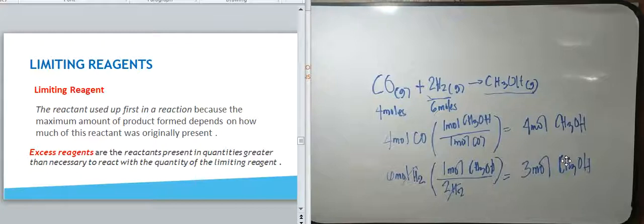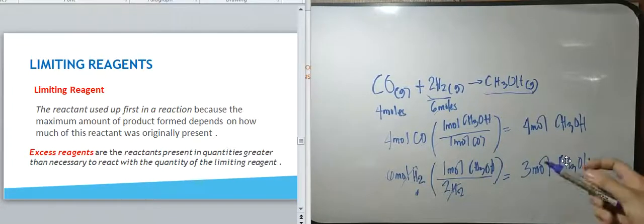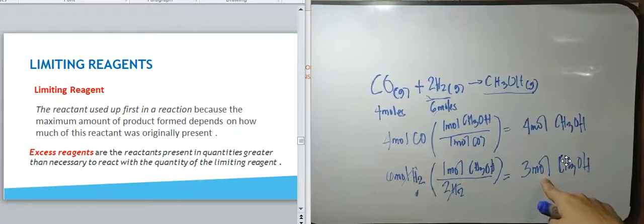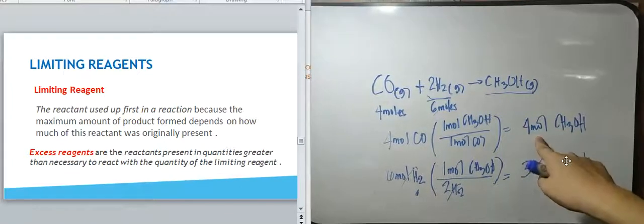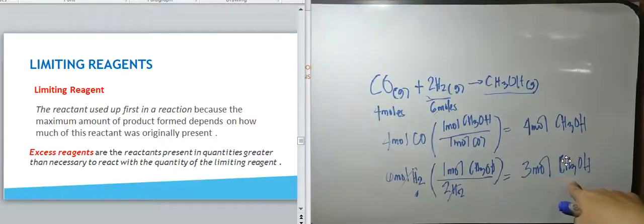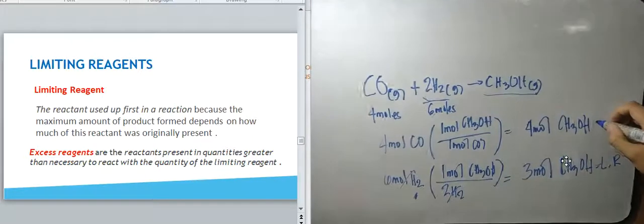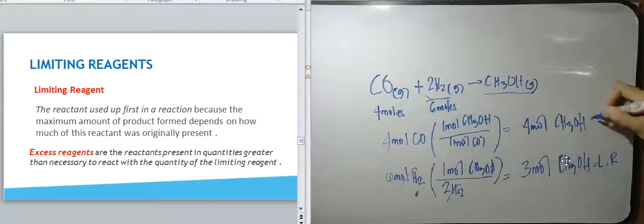Because hydrogen results in a smaller amount of methanol than this one, it must be the limiting reagent. Therefore, carbon monoxide is in excess.